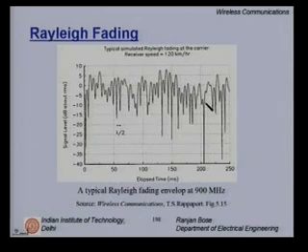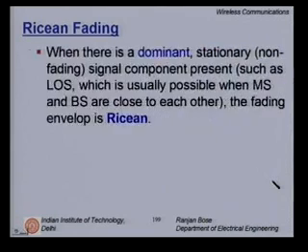So, this is a typical characteristic of the Rayleigh fading situation coming from multipath components. This is a measurement obtained at 900 megahertz. The scenario will change at a higher frequency. These fades will become much more frequent if we go and do the measurement at 2.4 gigahertz.